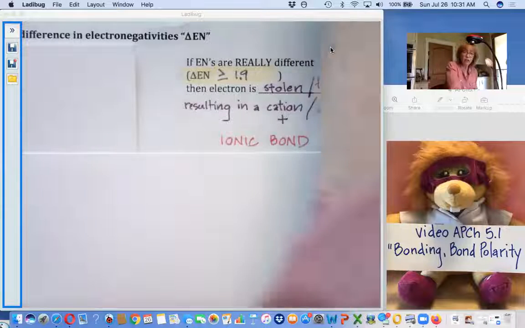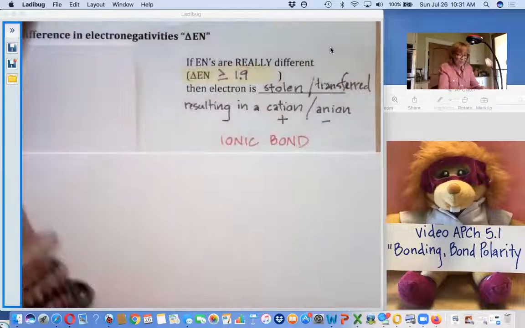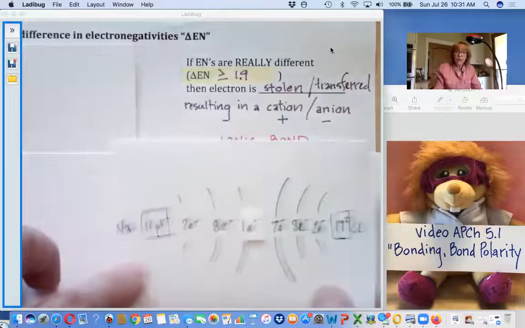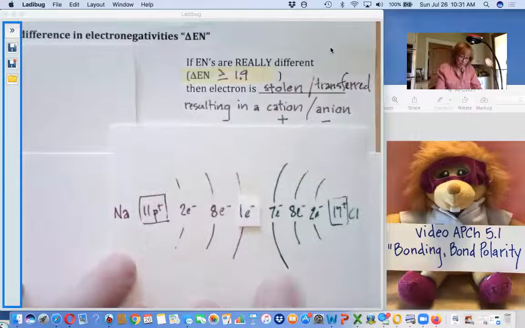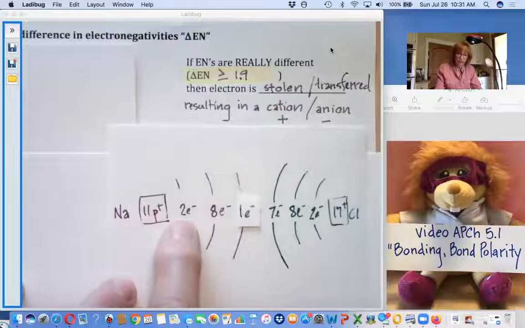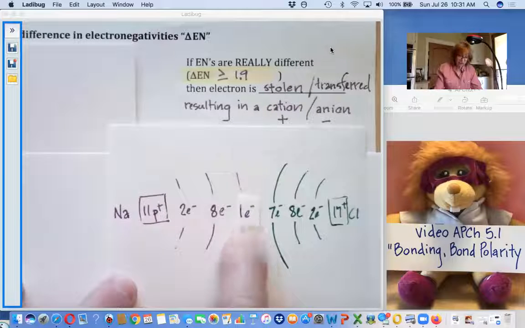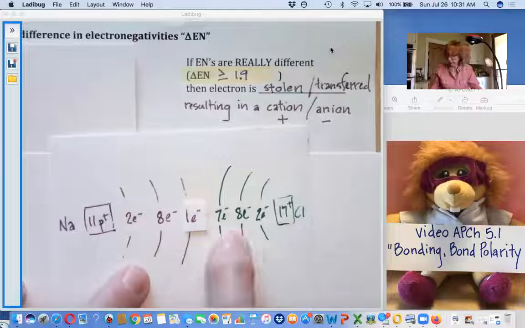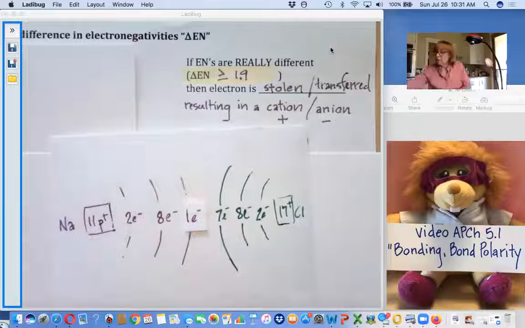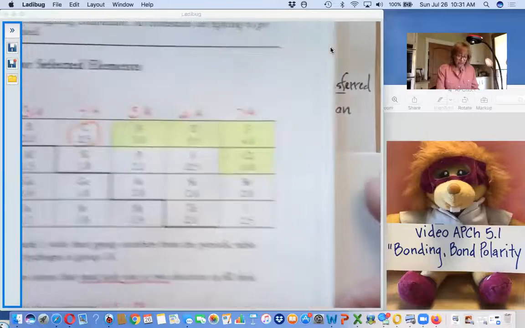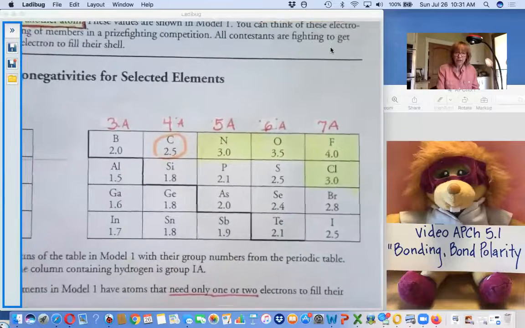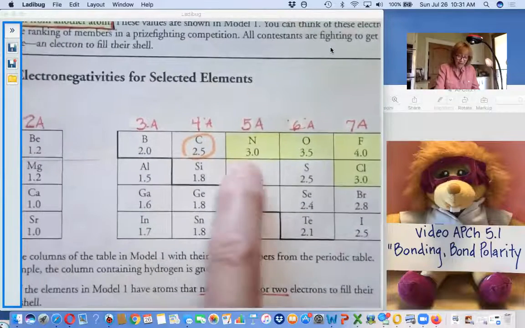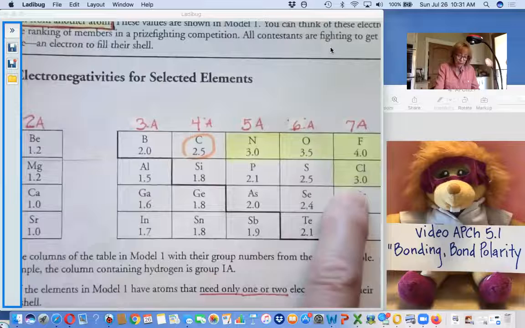Let's look for just a minute at an example. Here is sodium with 11 protons and 11 electrons, and chlorine with 17 protons and 17 electrons. Now, you have this worksheet, which gives a condensed table of electronegativities, and again, I've highlighted the super greedy ones.